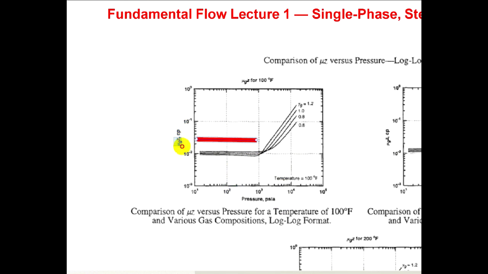This is mu z on a logarithmic scale and pressure on a logarithmic scale. This is a sort of horizontal line. What do you think now? Now, I understand some of you are going, well, it can't be constant on a logarithmic scale because it has to be constant on a Cartesian. Constant's constant. Okay. Is that constant enough?